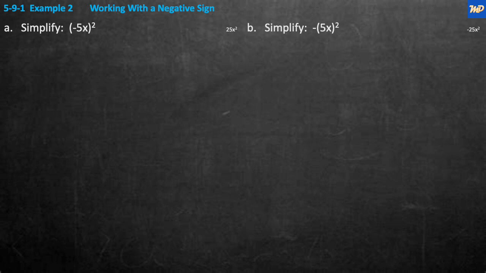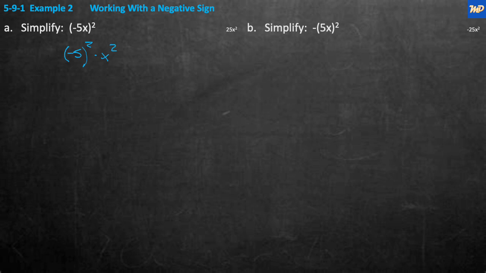Okay, example 2, we're going to be working with a negative sign. So simplify negative 5x squared. Well, the only difference is we're still going to multiply. We're going to break it apart, and I'm going to put parentheses in here. I'm going to say negative 5 squared times x squared. Now the question is, what is negative 5 squared?